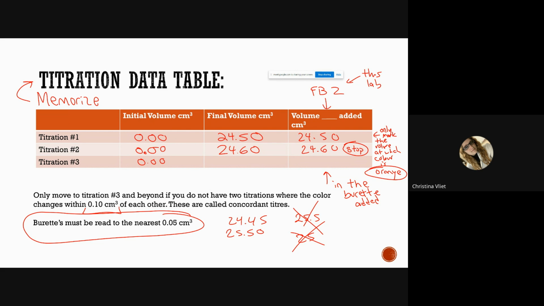That's the yellow. So you do it again. And then you do five. 13.